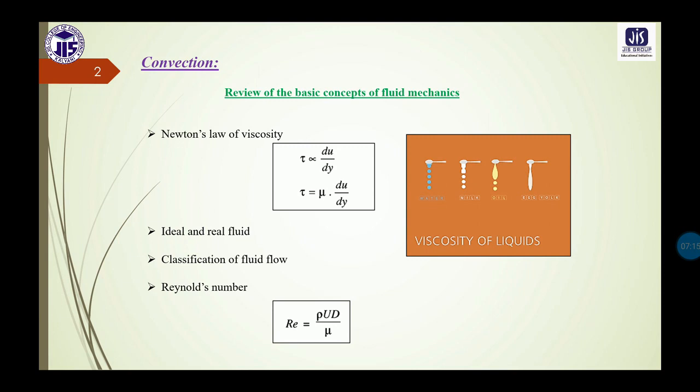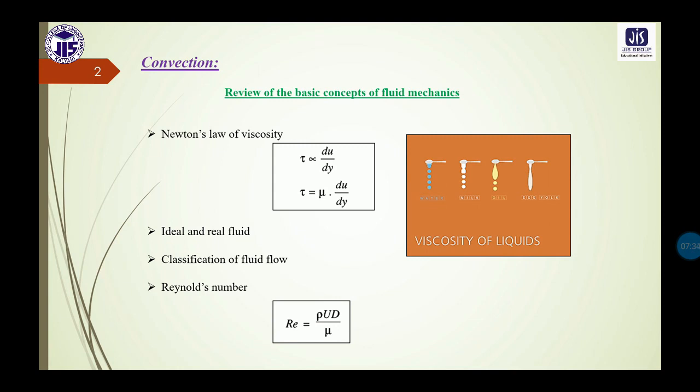So what is this viscosity? How to define this term viscosity? Viscosity may be defined as the property of a fluid which determines its resistance to shearing stresses.